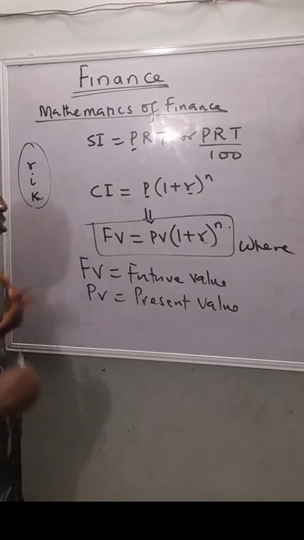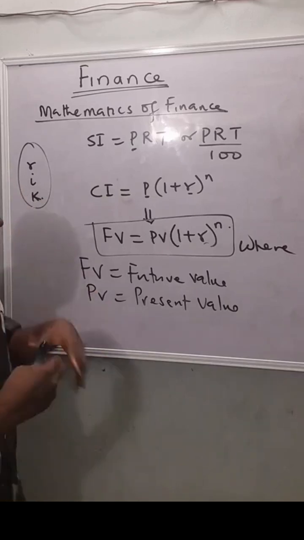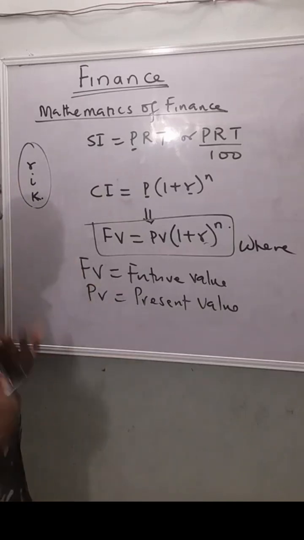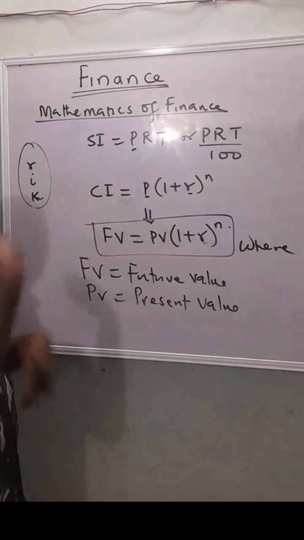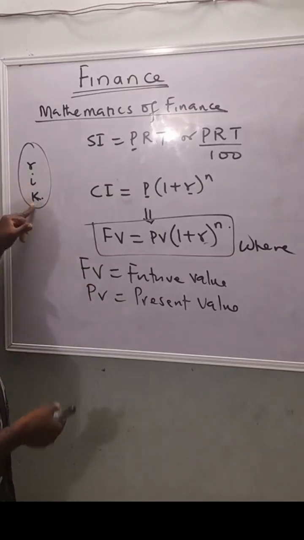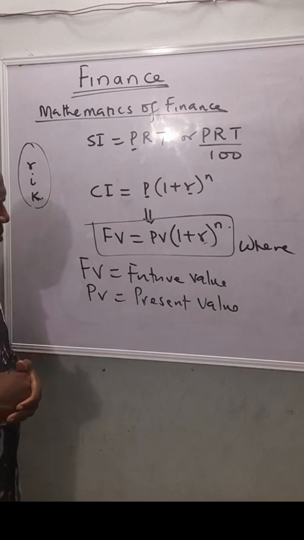So if you are reading a textbook now, which is not mine, Teach Yourself Corporate Finance, which is mine, and you see R or I or K, they mean the same thing.